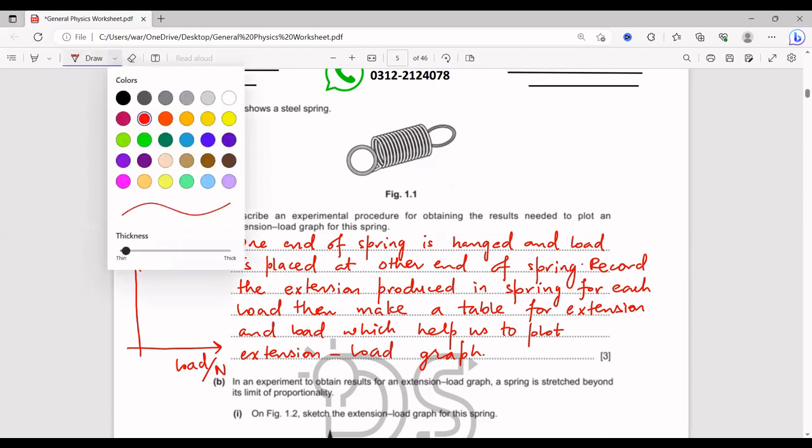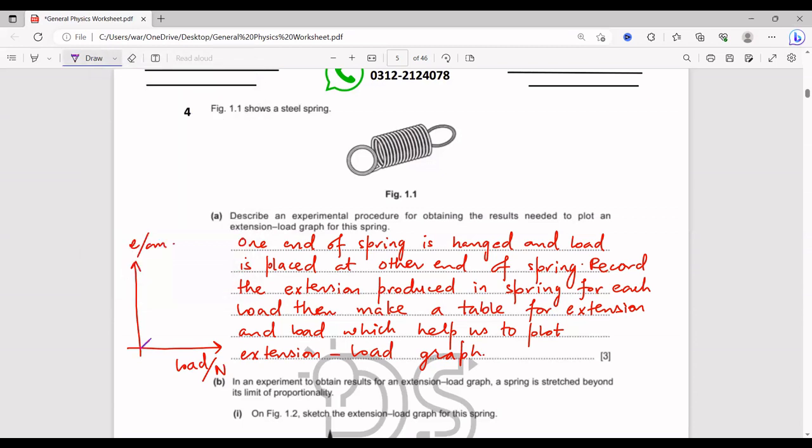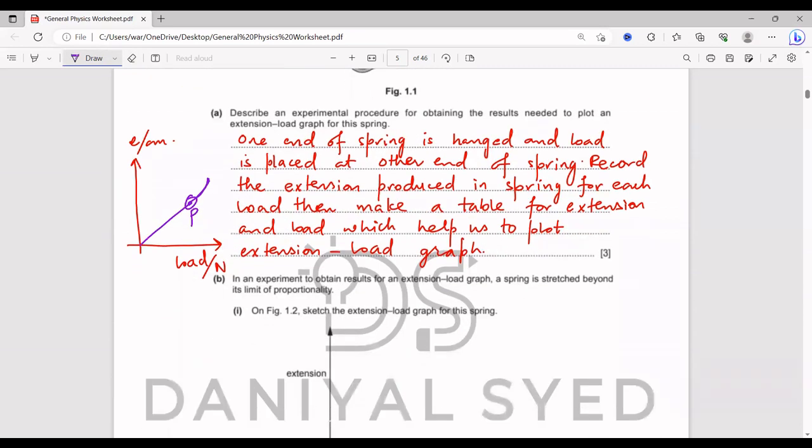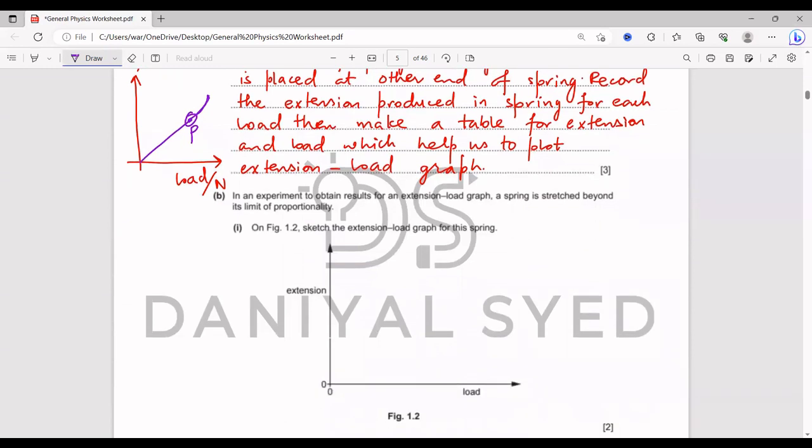So what is the shape of the graph? First, the graph will be a straight line, then it will curve upward. The end of the straight line is point P, which is the limit of proportionality. Once the spring crosses the limit of proportionality, it will deform permanently. This is the curve. Now, in an experiment to obtain results for an extension load graph, a spring is stretched beyond its limit of proportionality.